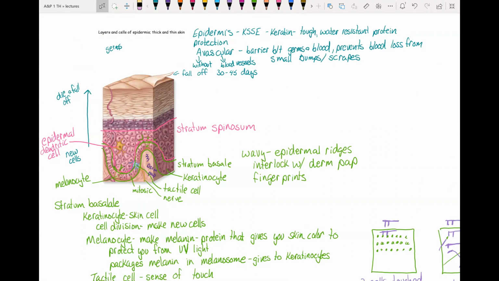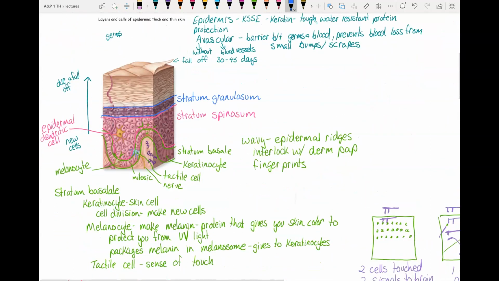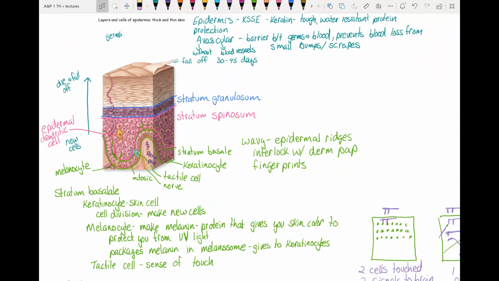So now we have stratum granulosum. So stratum granulosum, all we have now are keratinocytes. There's no other types of cells.